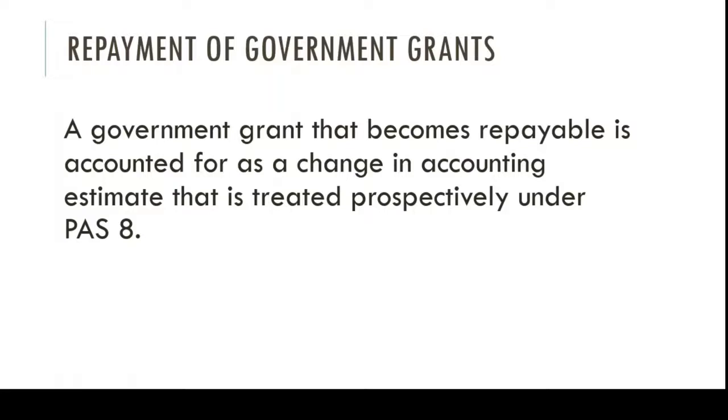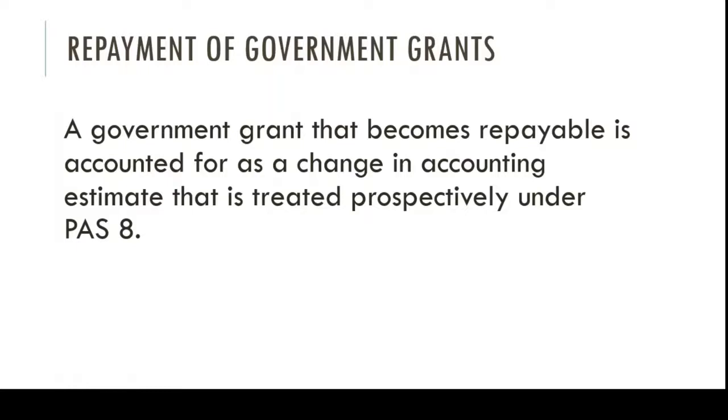The repayment of a grant related to income is deducted from the related deferred income balance, if any, and the difference will be recognized in the profit or loss. If the repayment of the grant is related to an asset, it is treated as a reduction in the deferred income balance under gross presentation, or it could be an increase in the carrying amount of the asset under net presentation.